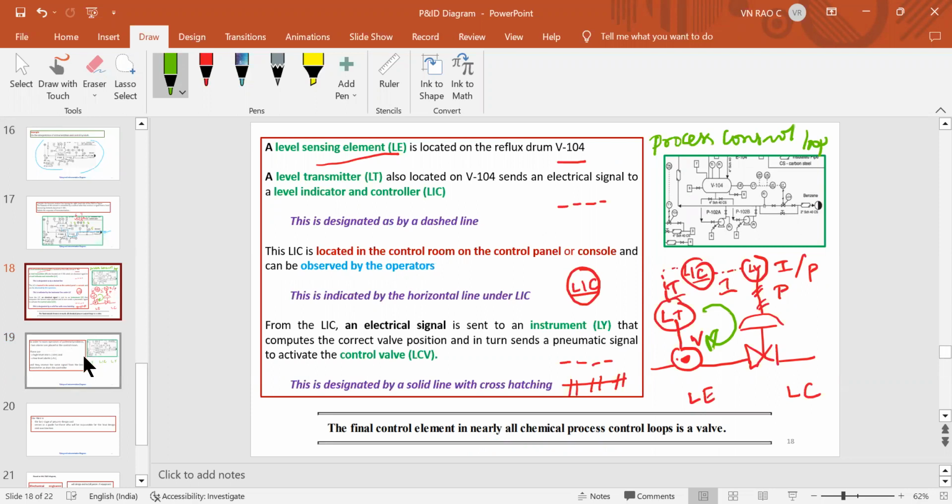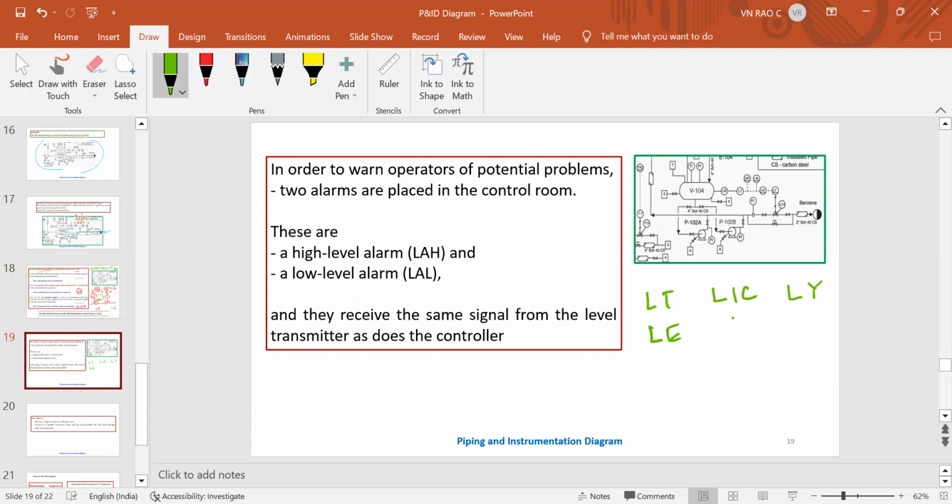So LY corrects the valve position and accordingly sets the signal whether to close it or open it. And ultimately you have an LCV here. This LCV will be in a pipeline connected like this, and these are all connected this way as a loop.